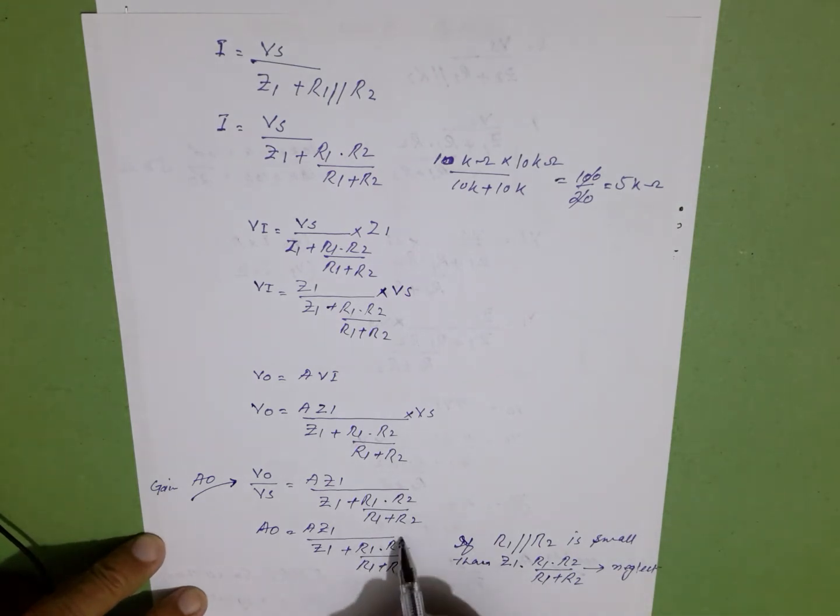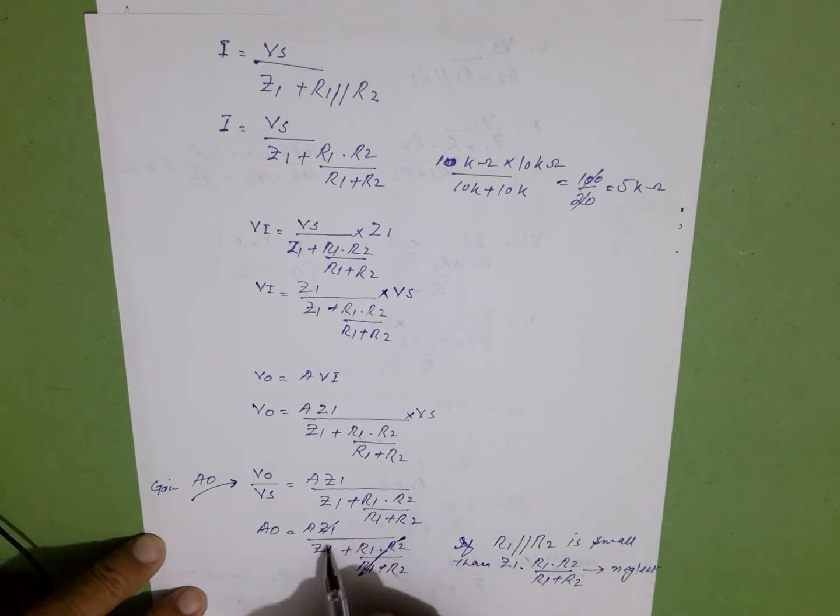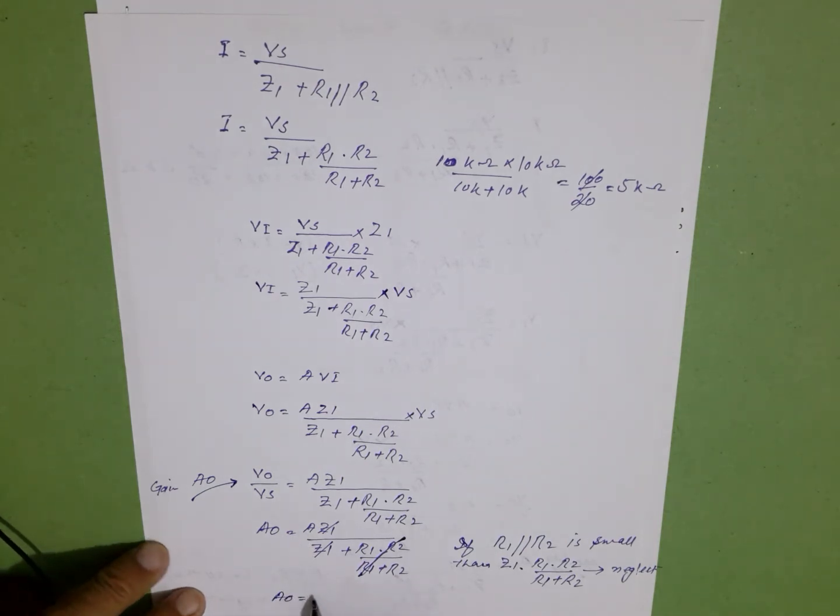Now we can neglect this, and Zi cancels with this Zi. We are left with A naught is equal to A. What does this mean?